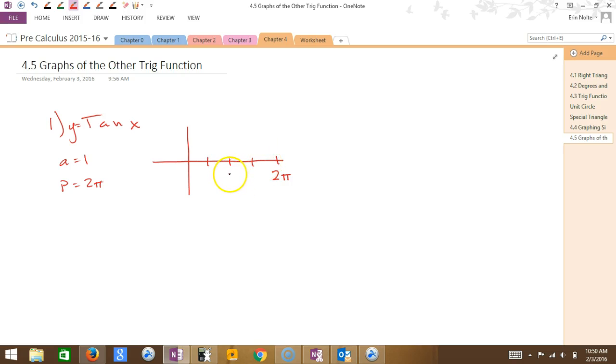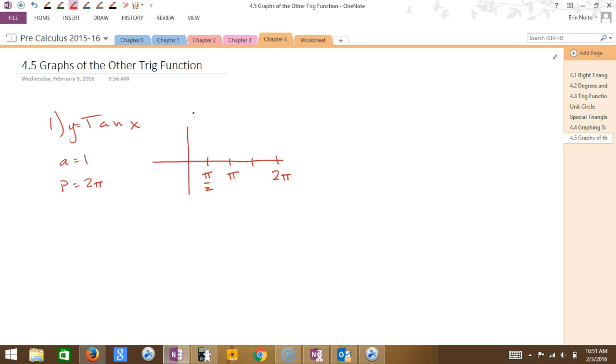Half of 2 pi is pi, so my first increment is pi over 2. Because all I really need is how much each increment is worth. So if there was a phase shift, I would know what each increment means. Third increment would be 3 pi over 2, if you felt like labeling it.